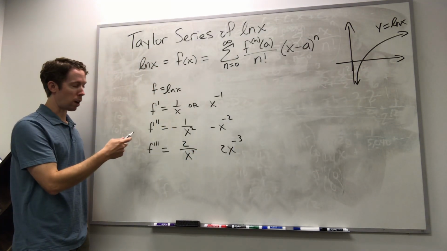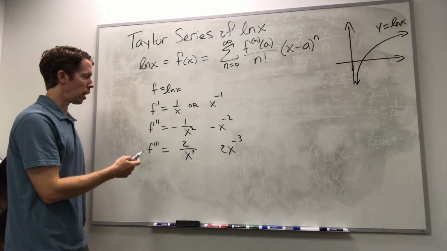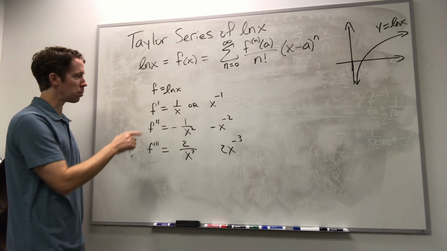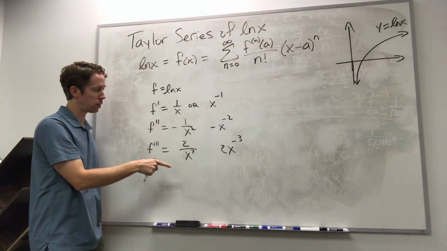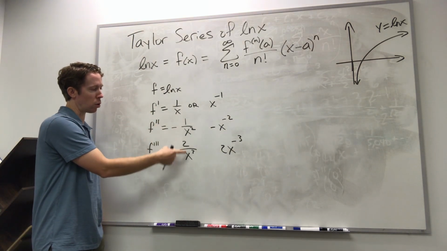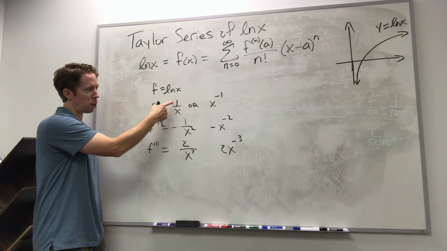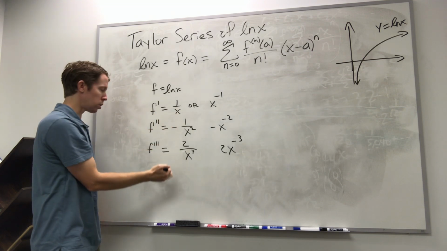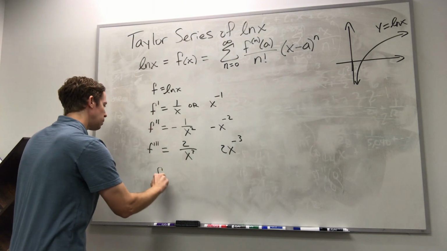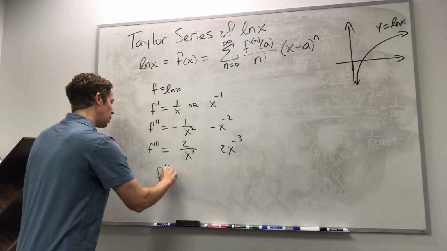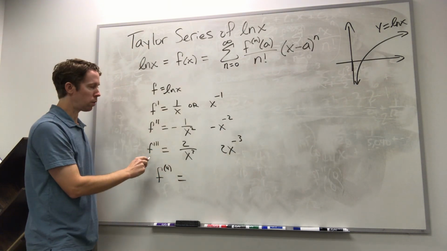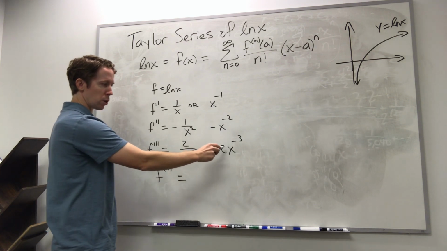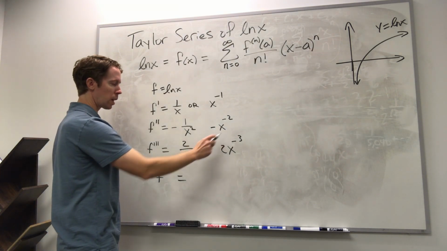And I'm wanting to find a pattern here. I see a couple of things happening. I'm seeing a plus minus plus minus. I'm seeing the power of x grow by 1. But then I'm kind of curious, I had a 1, and a 2. I don't know what the numerator is going to be next. I'm curious about that. So fourth derivative, using the power rule, I get negative 6x to the negative 4.